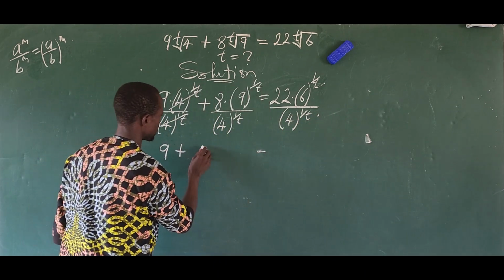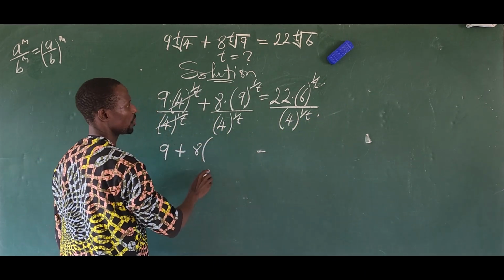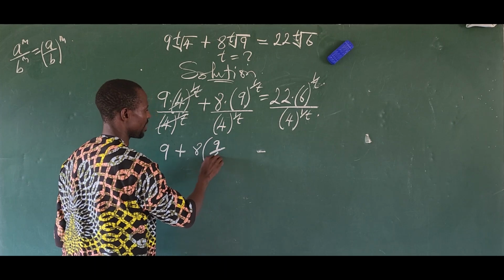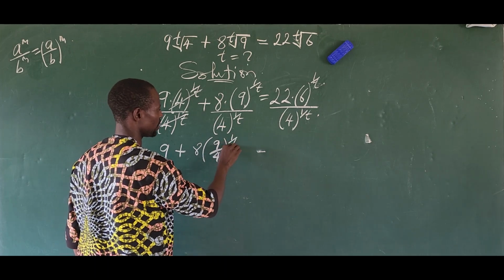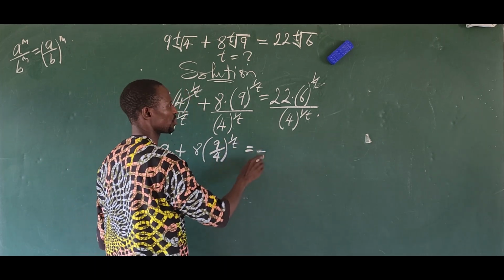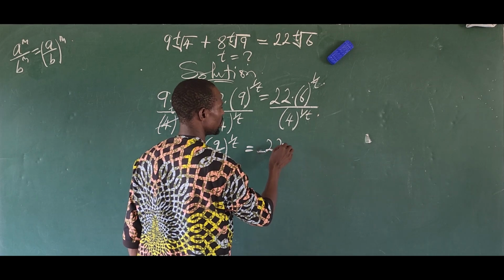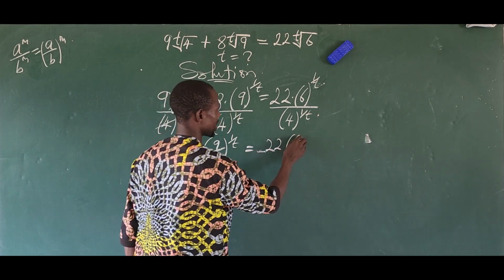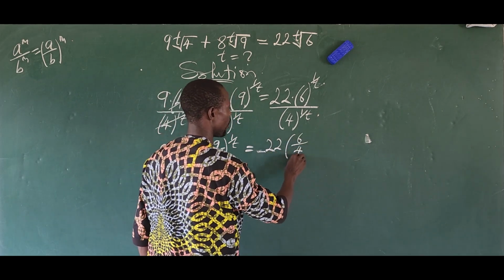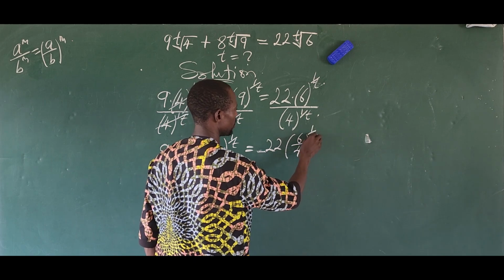So this gives us 8 into 9 over 4 all raised to 1 over t, equal to 22 into 6 over 4 all raised to 1 over t.